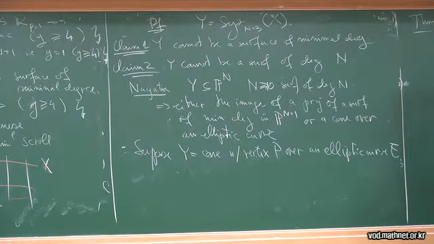And prove that this is not possible. And the proof goes again by similar arguments. So if we have, this is our E, the elliptic curve. Here's the vertex, that's P. And this is the cone.